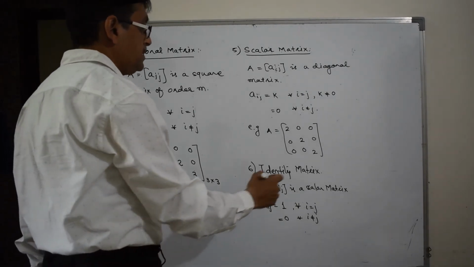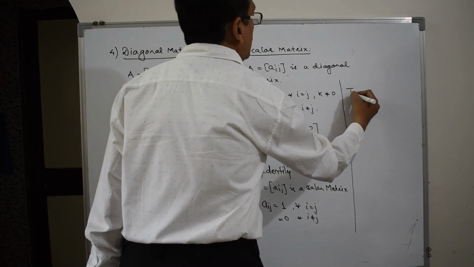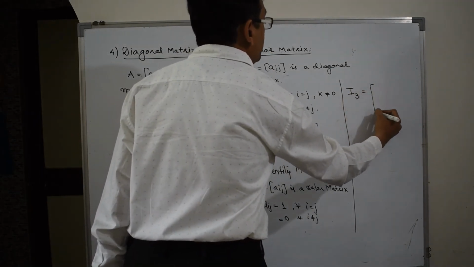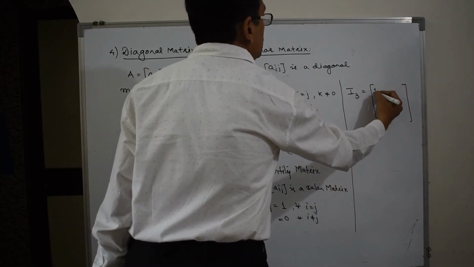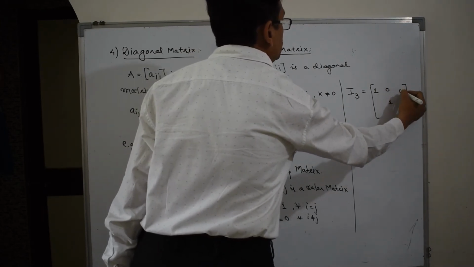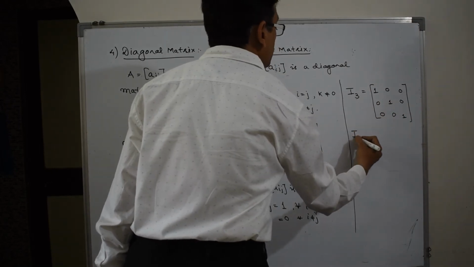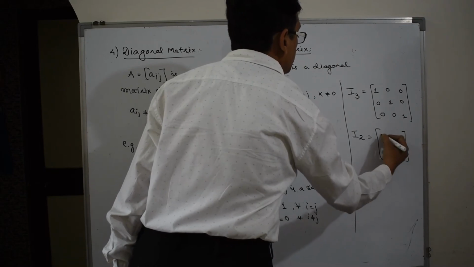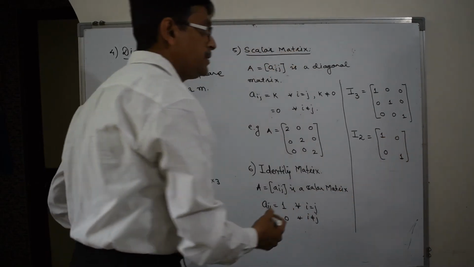This has a special notation, which can be written as I, and then the order of that matrix. So suppose I am writing identity matrix of order 3, then I will write 3 in the suffix. The diagonal elements are 1, 1, 1 and the rest are 0. Suppose I want to write down an identity matrix of order 2, then it is 1, 1 on the diagonal and 0 elsewhere, and so on and so forth.